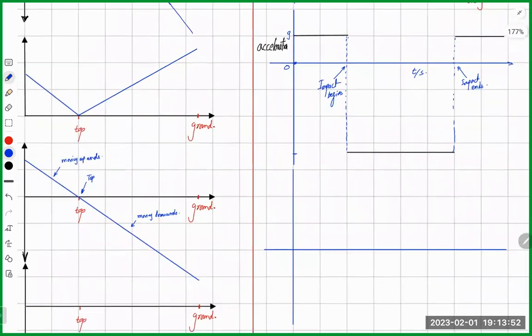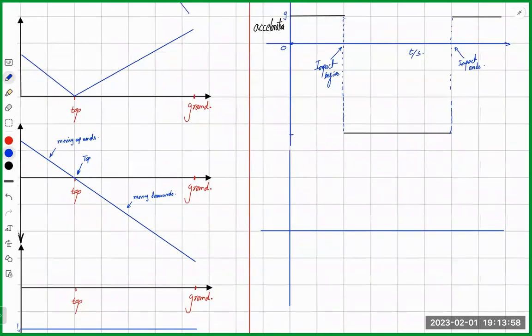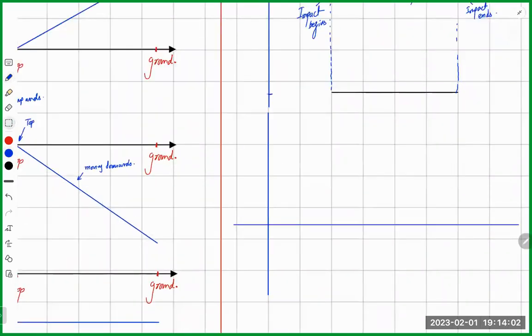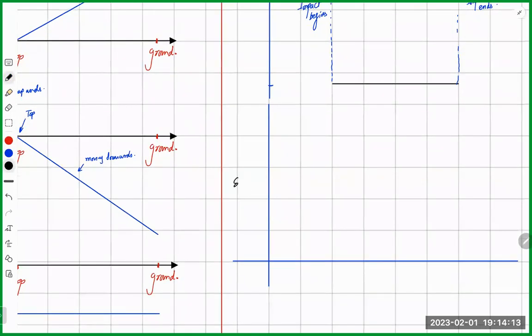Now, we are assuming that there is no loss of energy in the impact. Now, most weird graph now, speed and time graph.